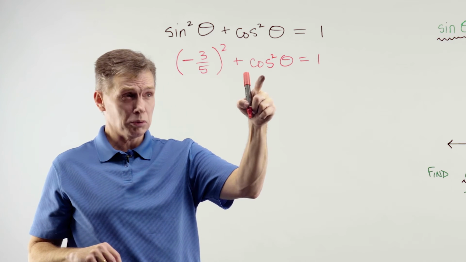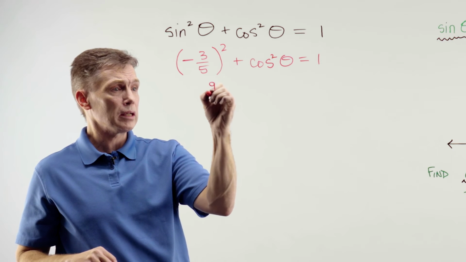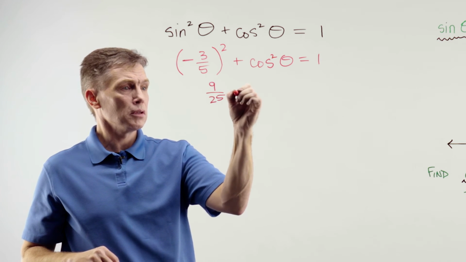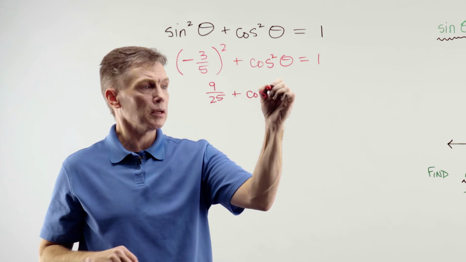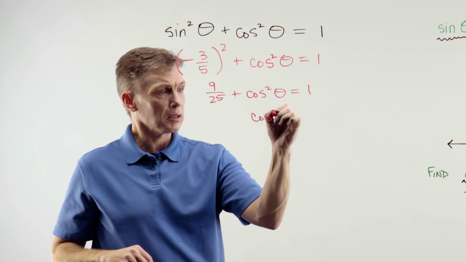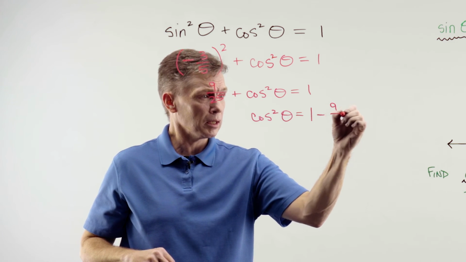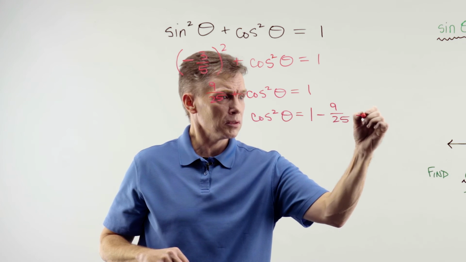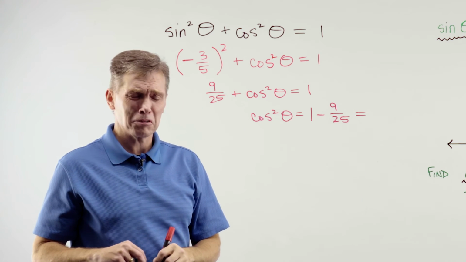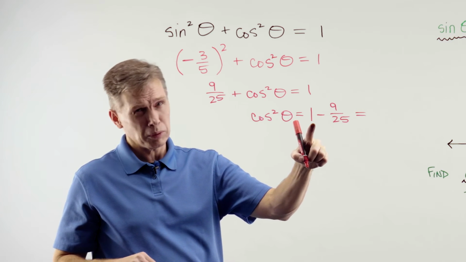Now I can solve for cosine of theta. I'll square this and get 9/25 plus cosine squared of theta equals 1. Cosine squared of theta equals 1 minus 9/25. Let's see if I can do that arithmetic on the same line here, because 1 would be 25/25, right?